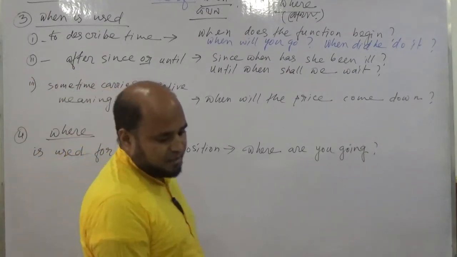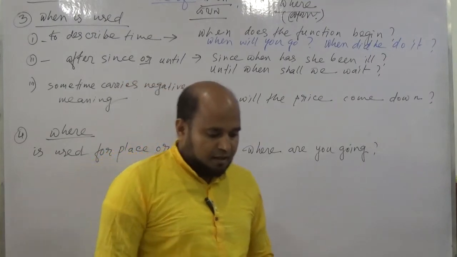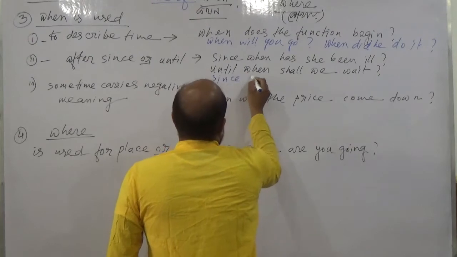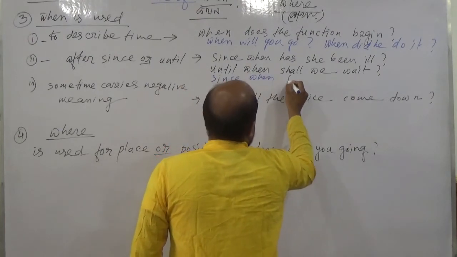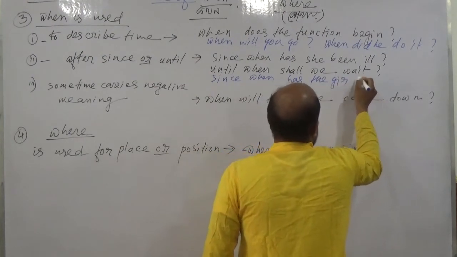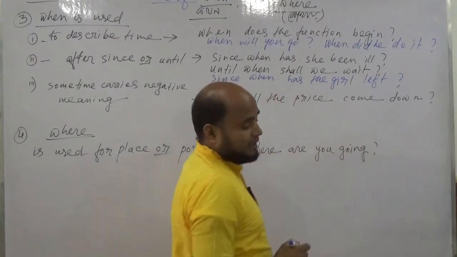I am giving another example. Since when has the girl left? কতক্ষণ থেকে বালিকাটি চলে গেছে?